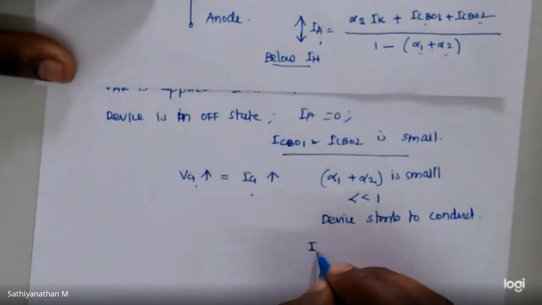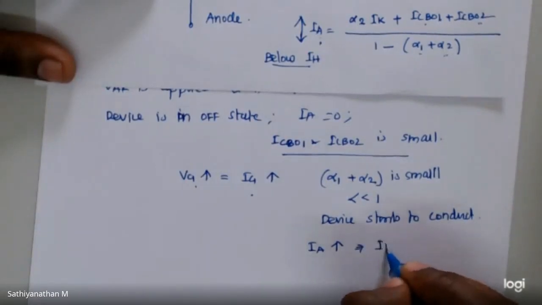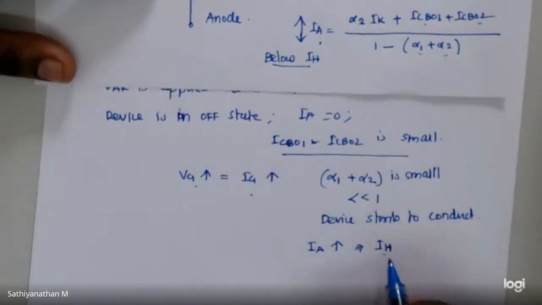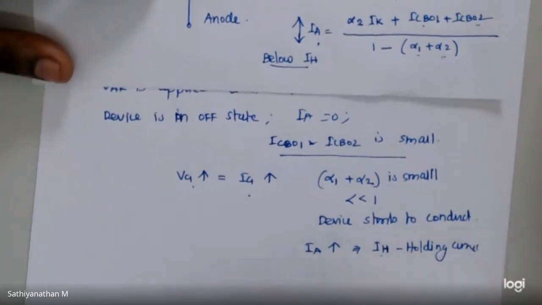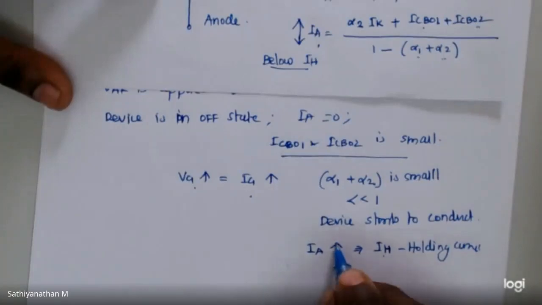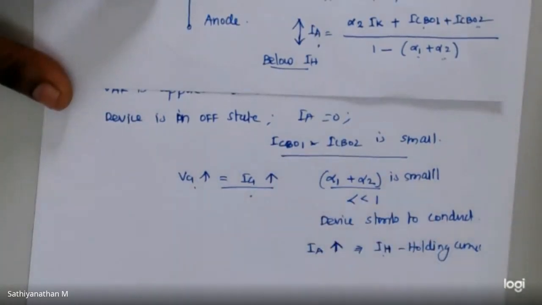It means your anode current increases and it reaches the minimum level of IH, that is called holding current. This is your holding current. So when you increase this anode current by changing the gate current, and once it is latched, your anode current is latched, device is on.